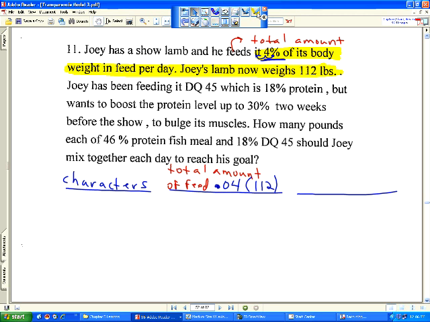What I need to know is how many pounds of that is going to be DQ45 and how many pounds of that is going to be fish meal. I'll just call DQ45 D and fish meal F.